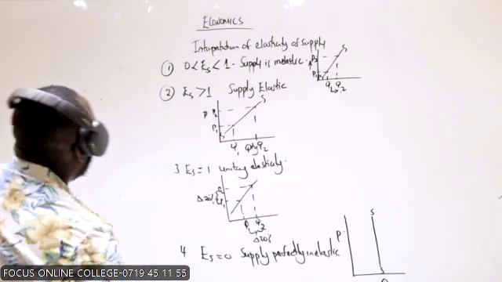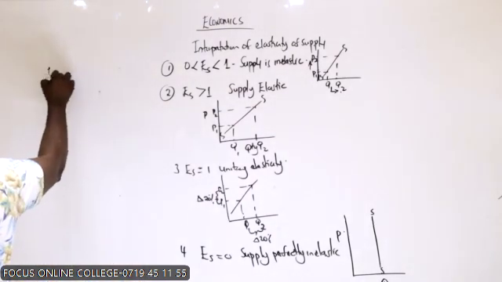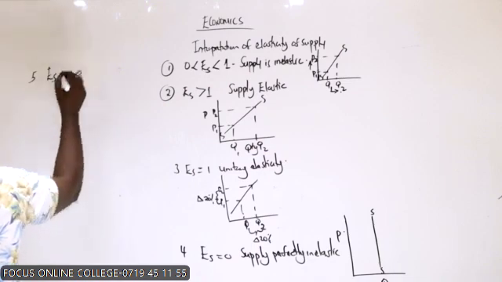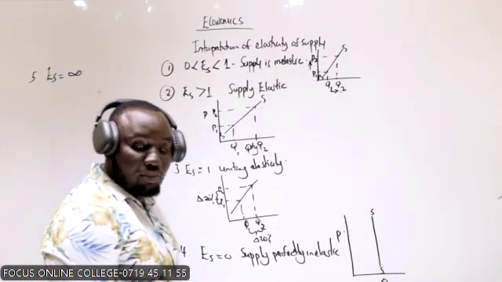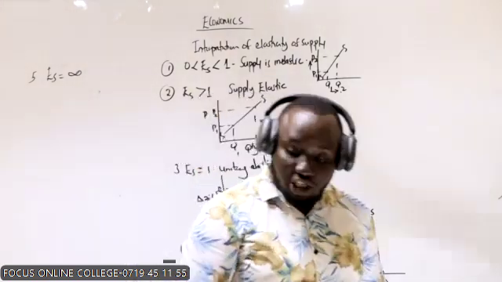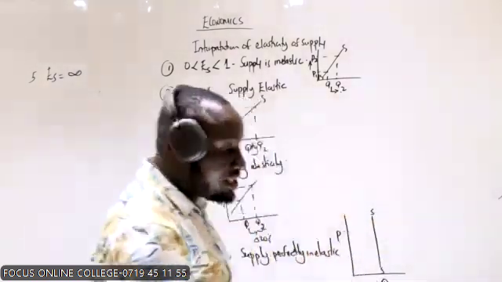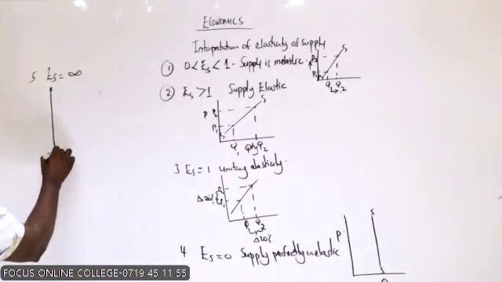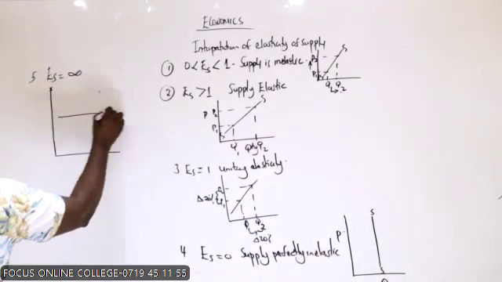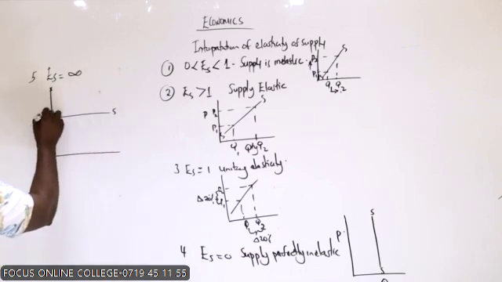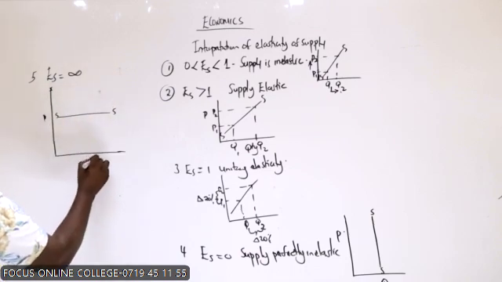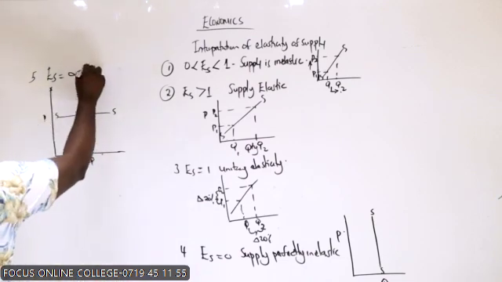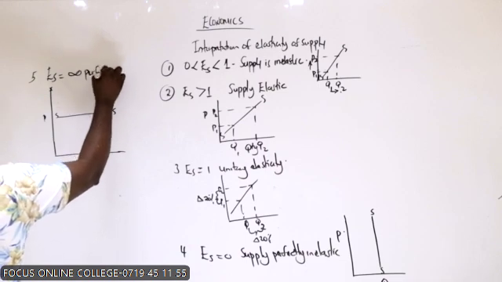Then we have elasticity of supply equal to infinity. That is a math error. How do we depict it? We are going to have quantity supplied changing, but price remaining constant.